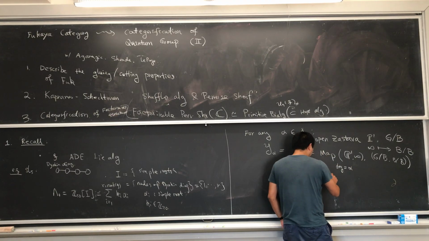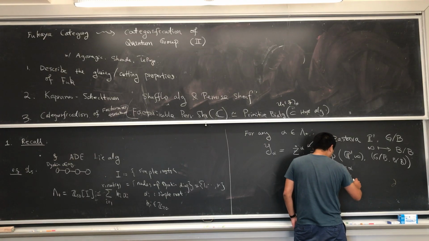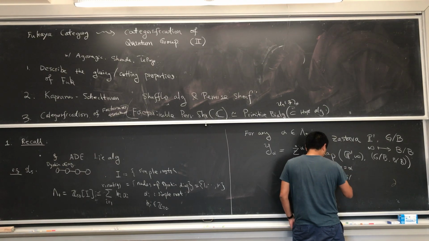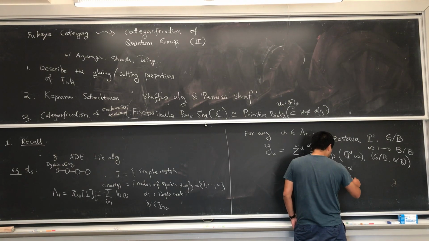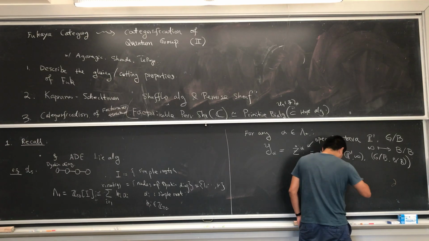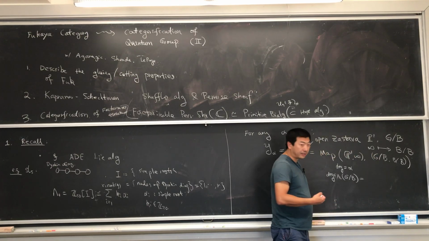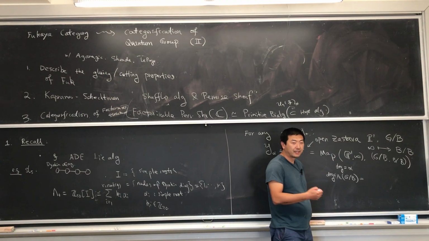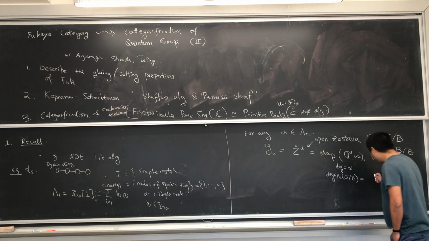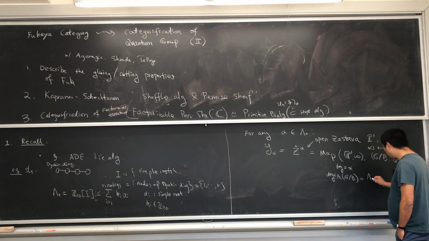Here's the degree of G mod B. Degree is an element in H_2 of G mod B, which is, well, here I may mix up a root or coroot. It should be like a coroot.